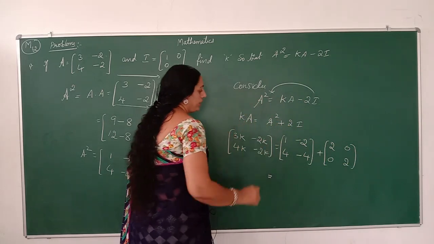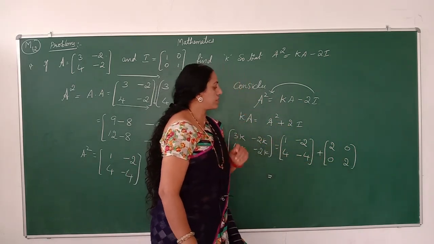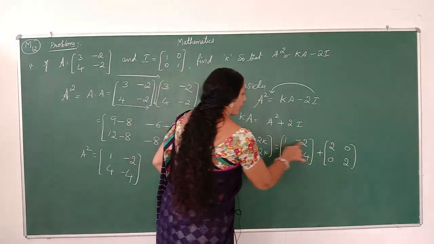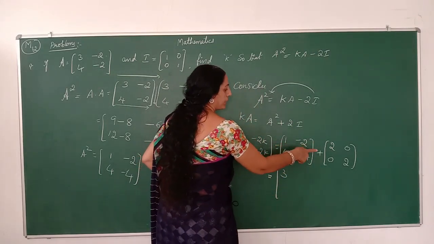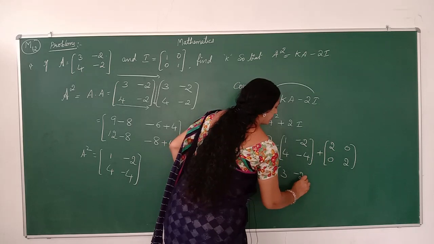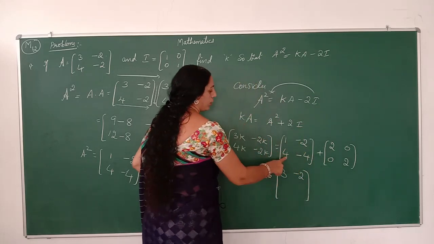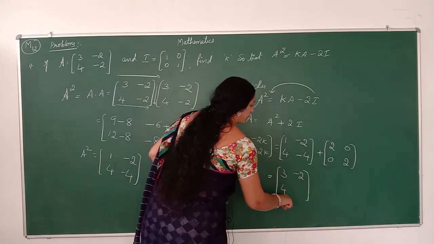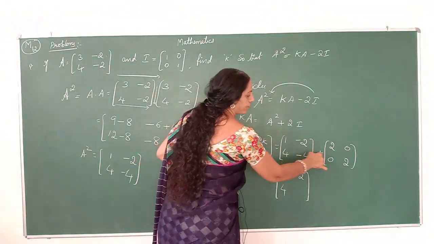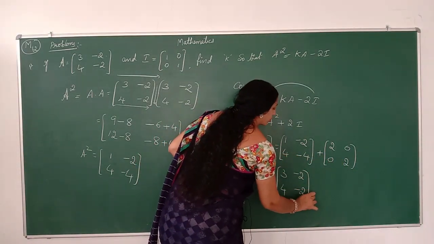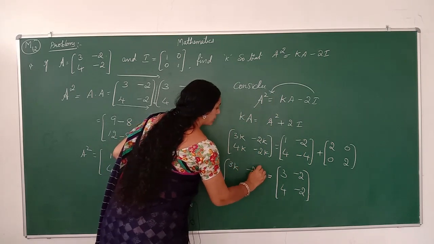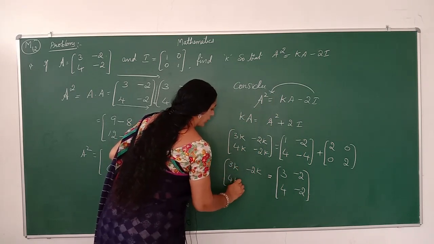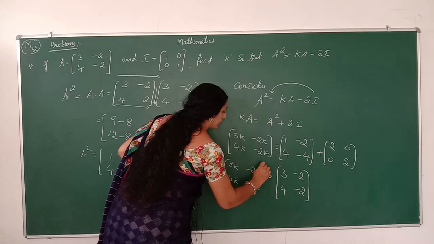Then on the RHS, if these two matrices are added: 1 plus 2 is 3, minus 2 plus 0 is minus 2, 4 plus 0 is 4, minus 4 plus 2 is minus 2. It will be equal to [3k, -2k; 4k, -2k].